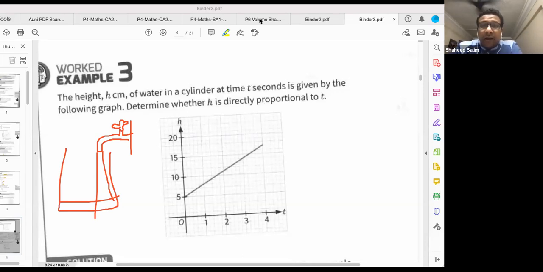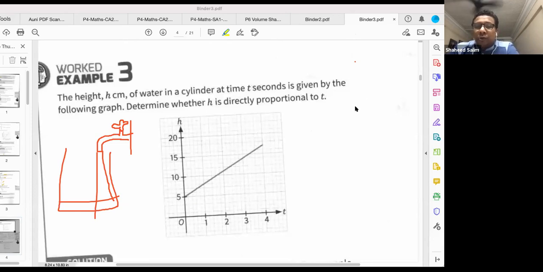So the question is whether they are directly proportional or not. In this case, they are asking you to find whether it is directly proportional or not. So you must try, Inshira. You try to see, does it work?